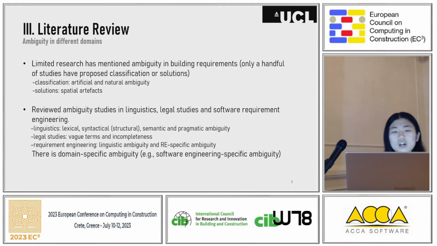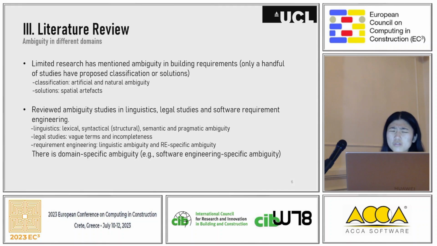Therefore, focusing on the classification of ambiguity, such as artificial and natural ambiguity, where artificial is the use of language that the requirement can be written better to maybe be unambiguous, and natural ambiguity maybe is more difficult to deal with. And then there are also some solutions proposed, such as spatial artifacts.